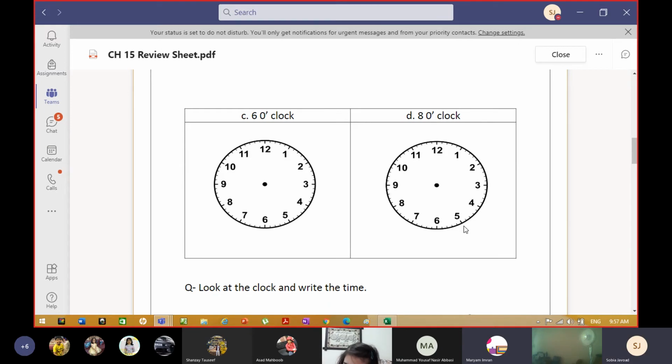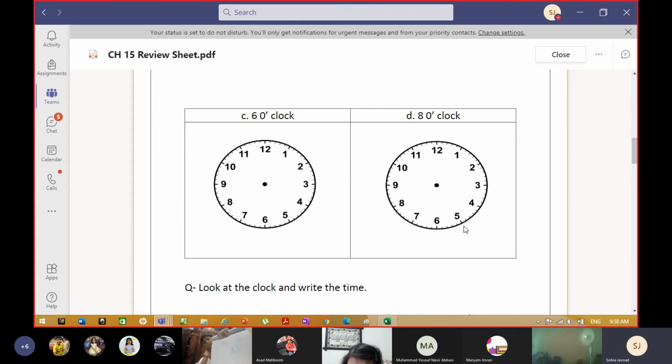Okay, that's great. Now what you have to do is take a picture of your work and share it on OneNote.